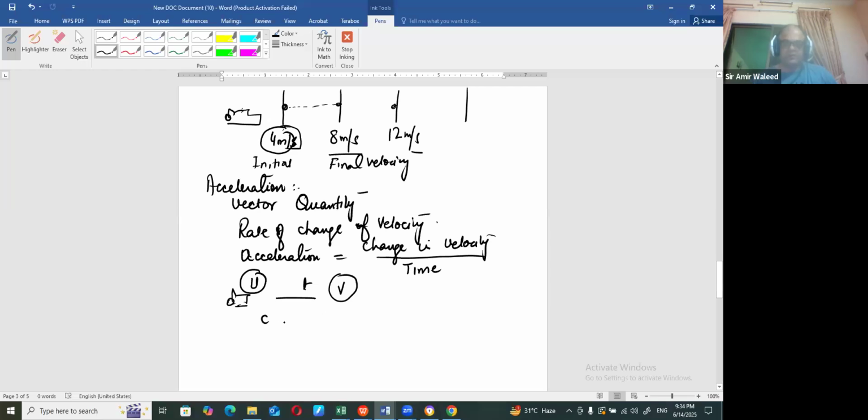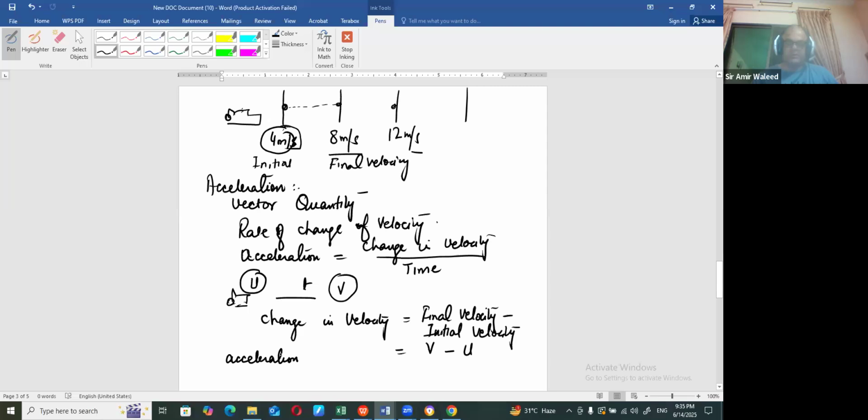The change in velocity is equal to the final velocity minus the initial velocity. So in symbols, acceleration is v minus u divided by t, where t is time. This is the formula.